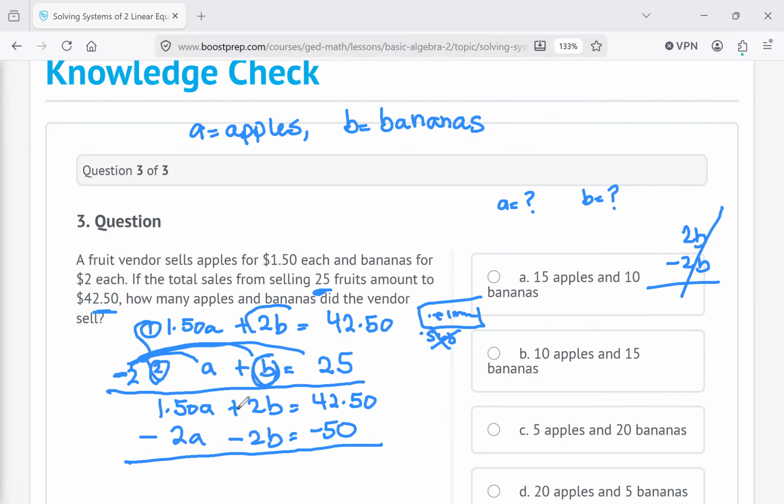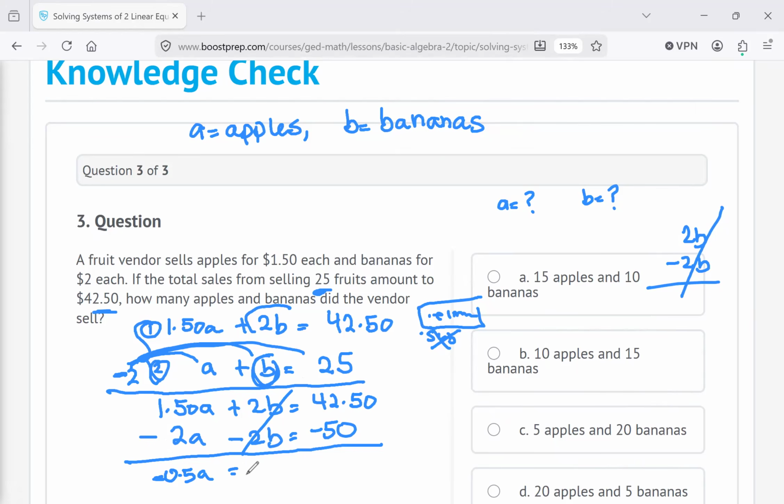You may need to calculate for this part. What is 150 minus 2? If you need a calculator, you can use a calculator on the exam. So it's negative 0.5A. The Bs cancel. And then what's 42 minus 50?